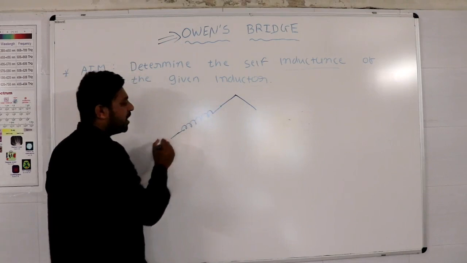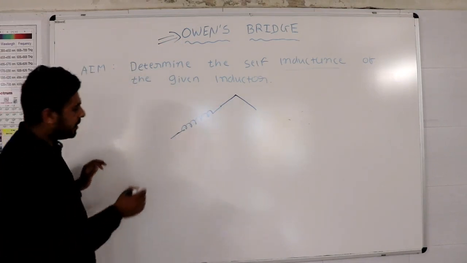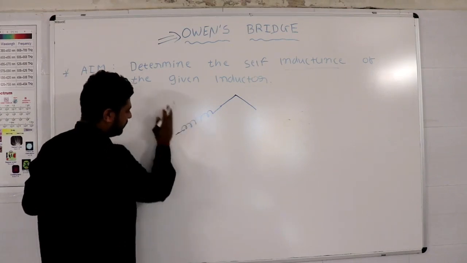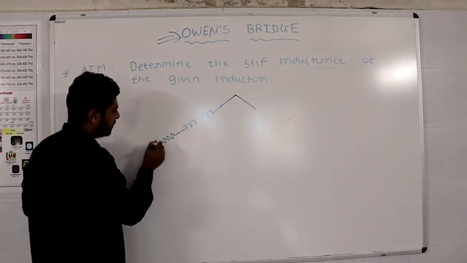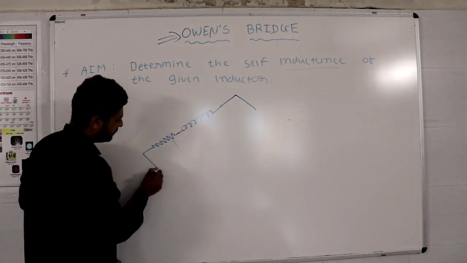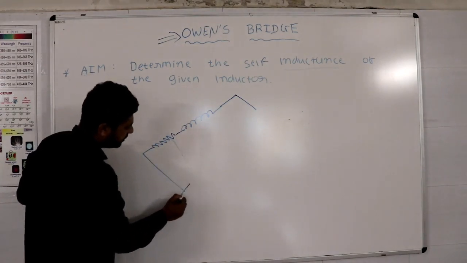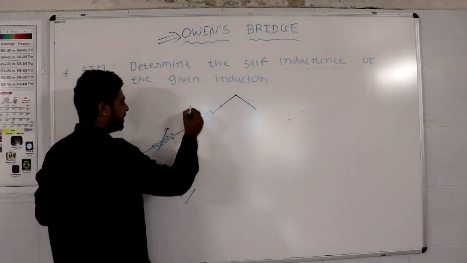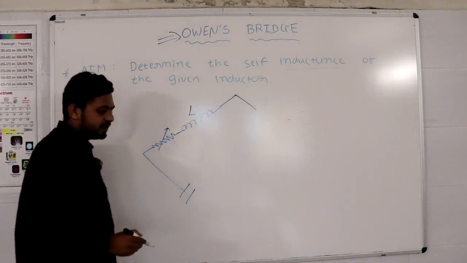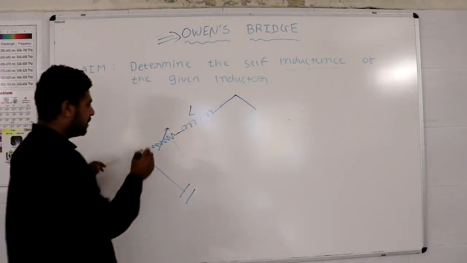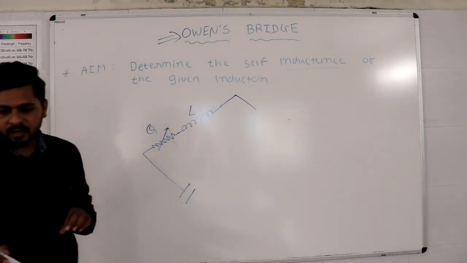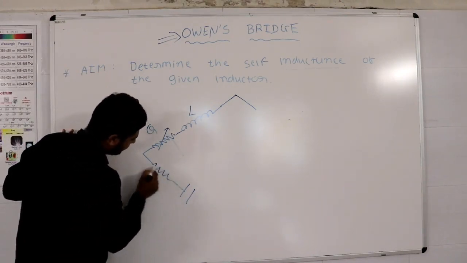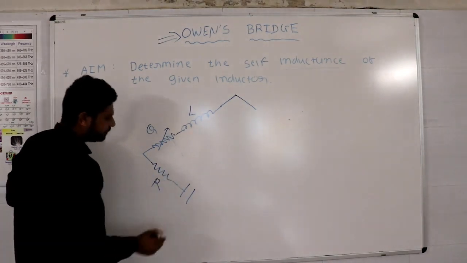Here is an inductor, and here is a variable resistor, and here is a capacitor. It is a variable resistor. Inductor is given by L, and this resistance is given by Q. And here we are using a resistor, and it is R.